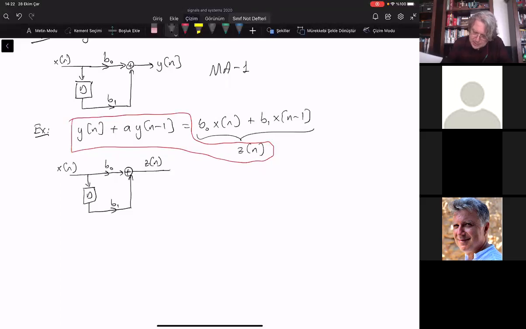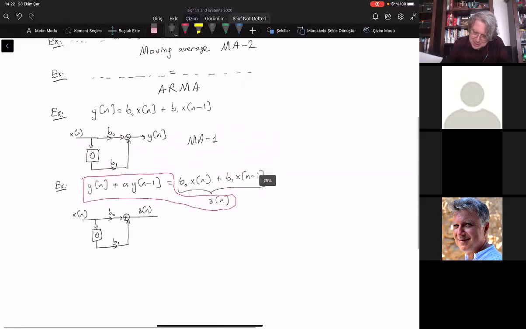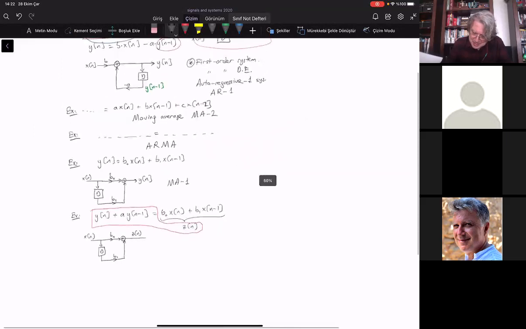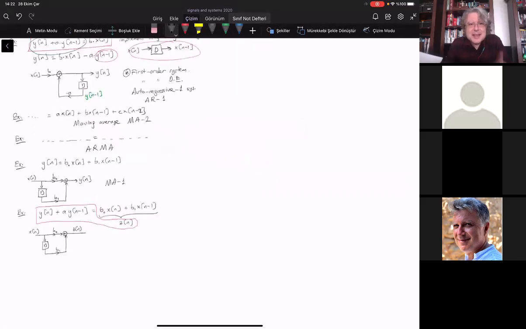And let's make some cheating. I will just copy something from the first graph above. You see that over there. It's with the input x and the output is y. Now the input will be z and the output will be y.